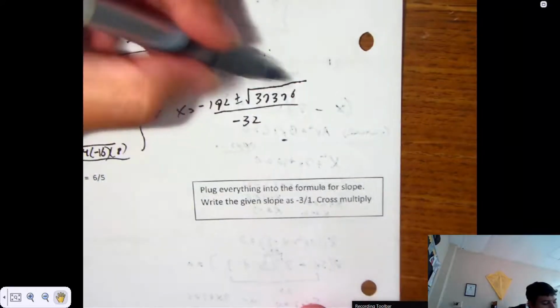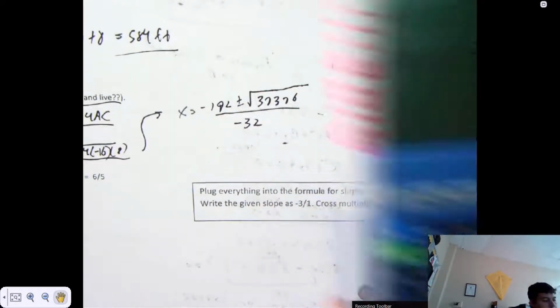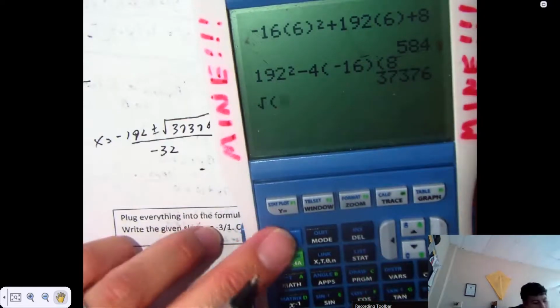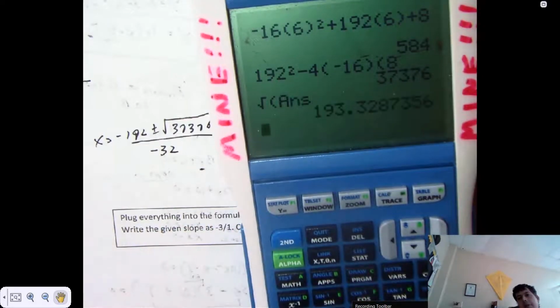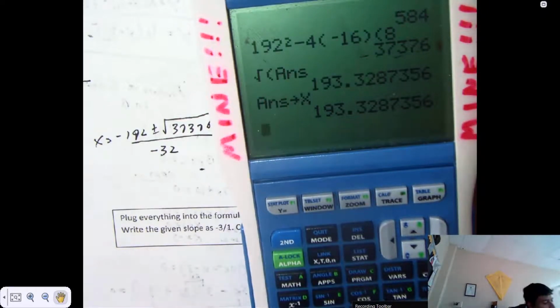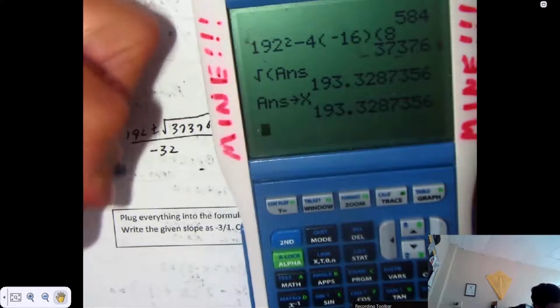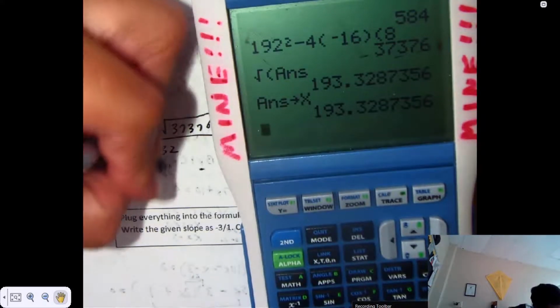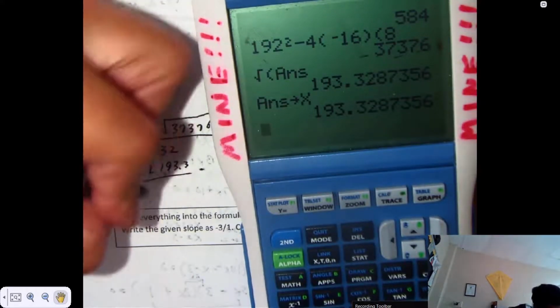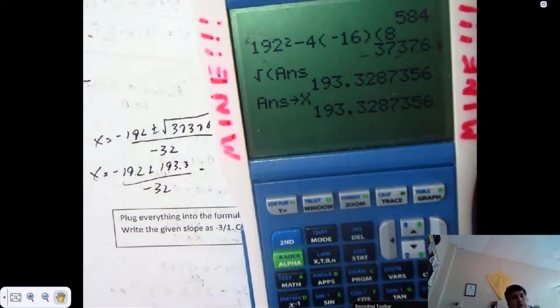Now, this root is a big deal. What is that thing? So I'm going to take the square root of that thing. I'm hitting second square root, second ANS. It's about 193.3. Now I'm going to store that answer in my calculator to x. On paper, I will actually say negative 192 plus or minus 193.3 over negative 32, and that's just to help explain what's going on, but this is what I'm going to use in my calculations.